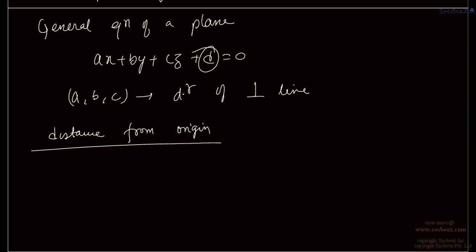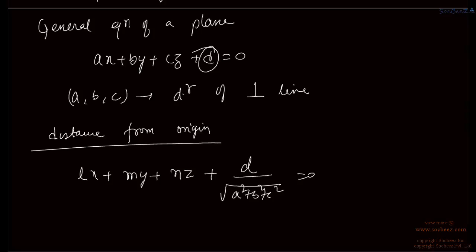So dividing this whole equation by under root a square plus b square plus c square, we will be getting lx plus my plus nz plus d upon under root a square plus b square plus c square is equal to 0, right?